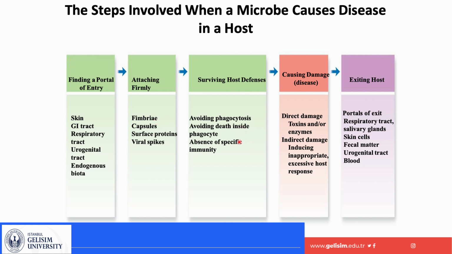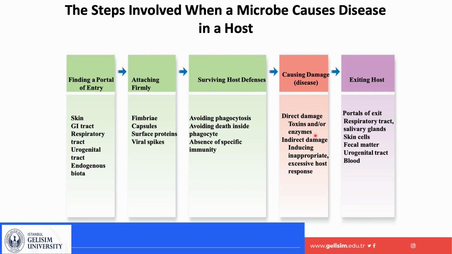Well, they can avoid being eaten by the host's defense systems, avoiding phagocytosis, avoiding death inside the host. Or they can be opportunistic: during the absence of specific immunity, when the host immune system is weakened, that's how they may survive. And then they're going to cause damage.